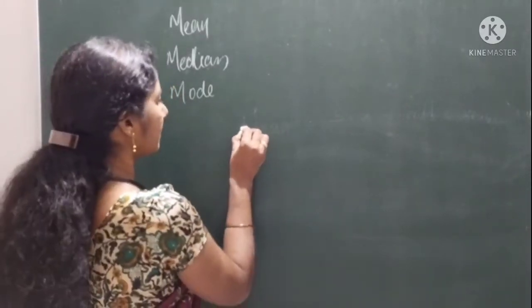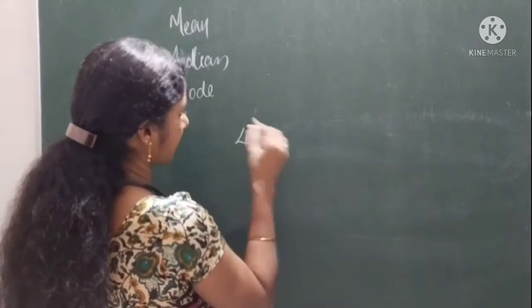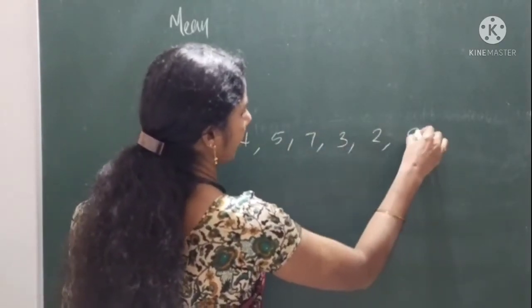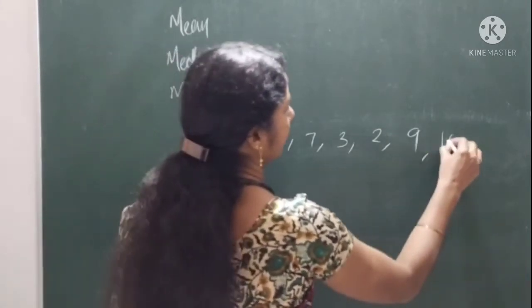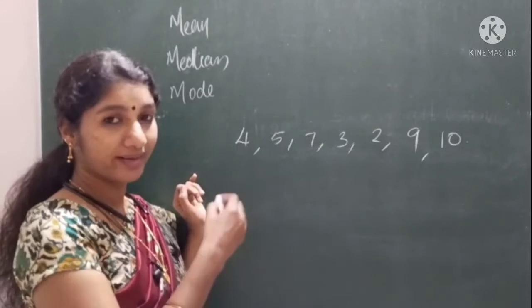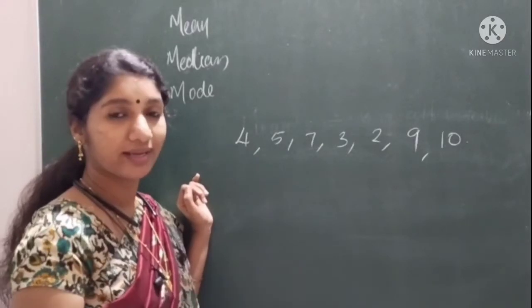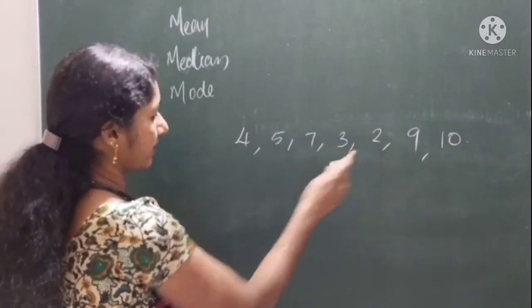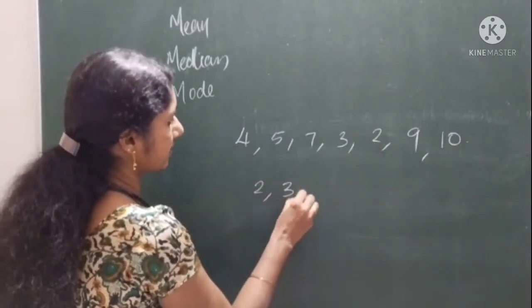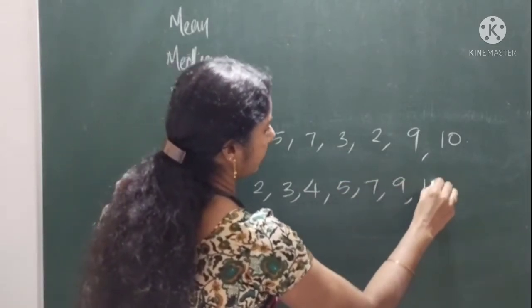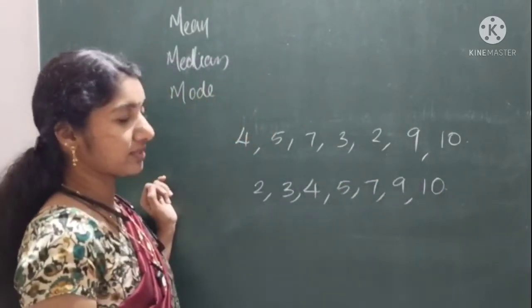Suppose we are given 4, 5, 7, 3, 2, 9 and 10. To find the median, we need to arrange this data in ascending or descending order. So now we arrange it: 2 first, then 3, 4, 5, 7, 9, 10.